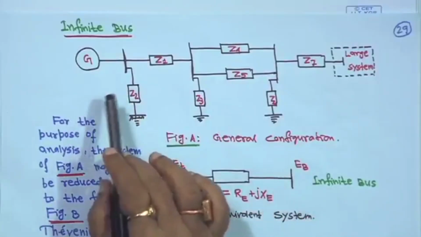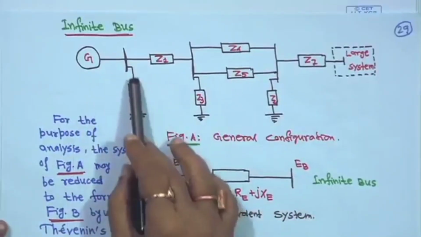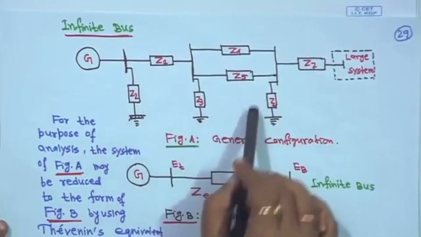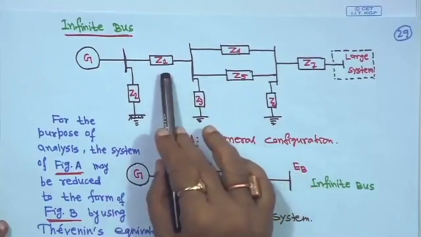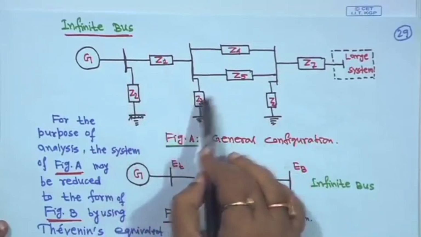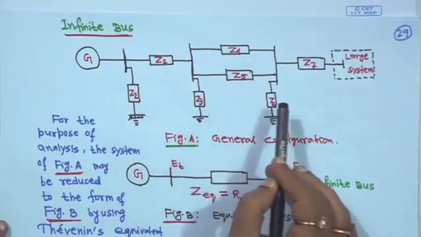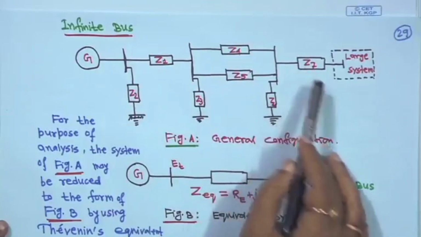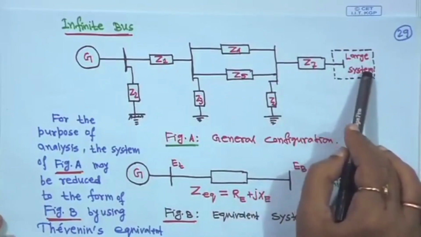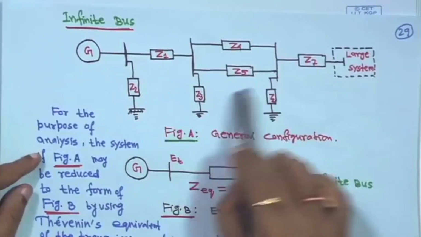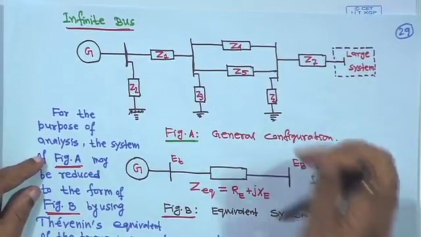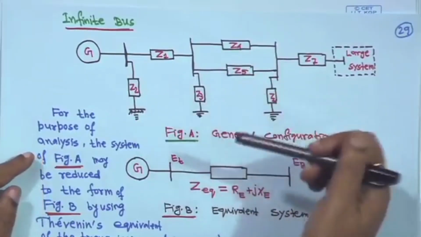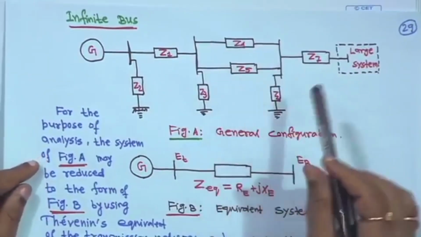So, this is a generator and this is a power system network, it is a transmission network, its impedances are Z1, Z2, Z3, Z4, Z5, Z6, Z7, and it is a large system here. This whole transmission network is connected with a very large system, and this is a double circuit line.